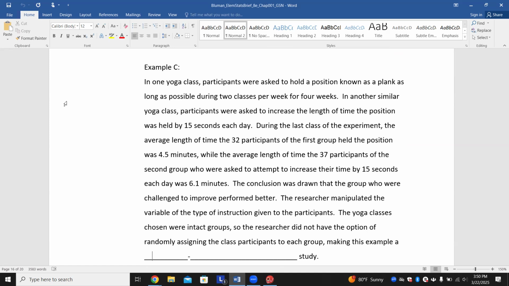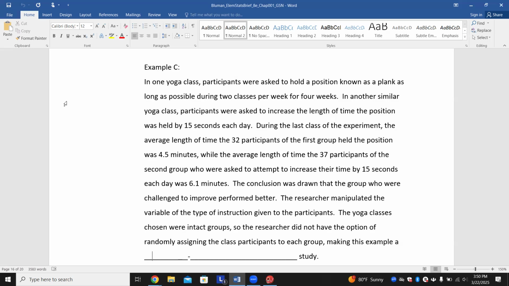During the last class of the experiment, the average length of the time of the 32 participants of the first group held a position for 4.5 minutes while the average length of time of the 37 participants of the second group who were asked to attempt to increase their time by 15 seconds each day was 6.1 minutes.